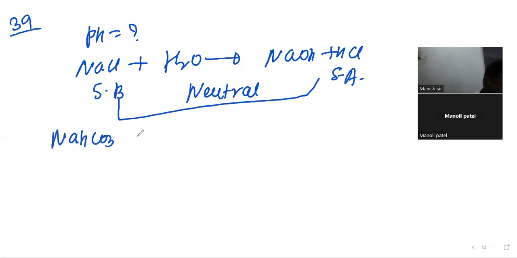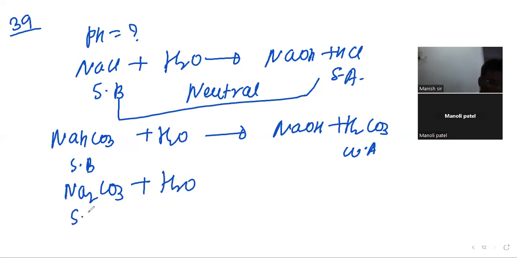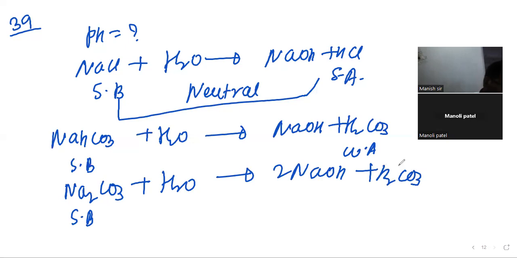Next is NaHCO3. When it reacts with water, it forms NaOH plus H2CO3. This is a strong base. This is a weak acid. Right. So the next one is sodium carbonate, Na2CO3 plus H2O. This is a strong base, and reacting with water it forms 2NaOH plus H2CO3.